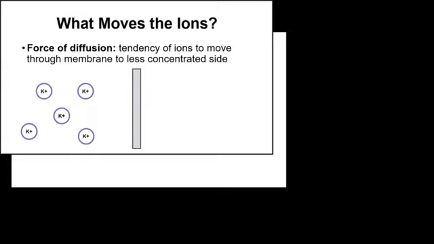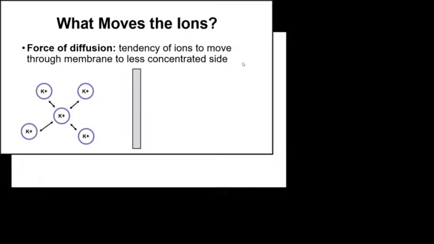So we can look at the force of diffusion, and that's the tendency of ions to move through a membrane to the less concentrated side. So we can talk about things diffusing across that membrane, and basically what's happening is all of these ions are together and they don't necessarily want to be together. They're trying to push away from each other.